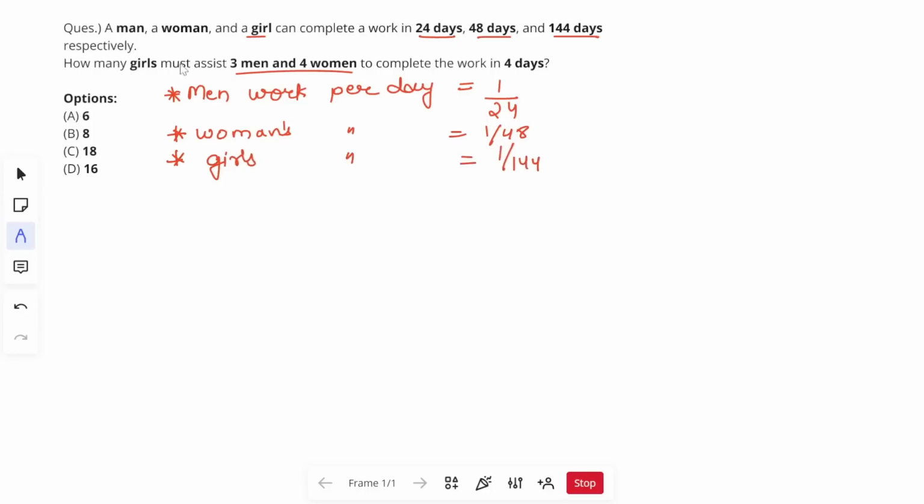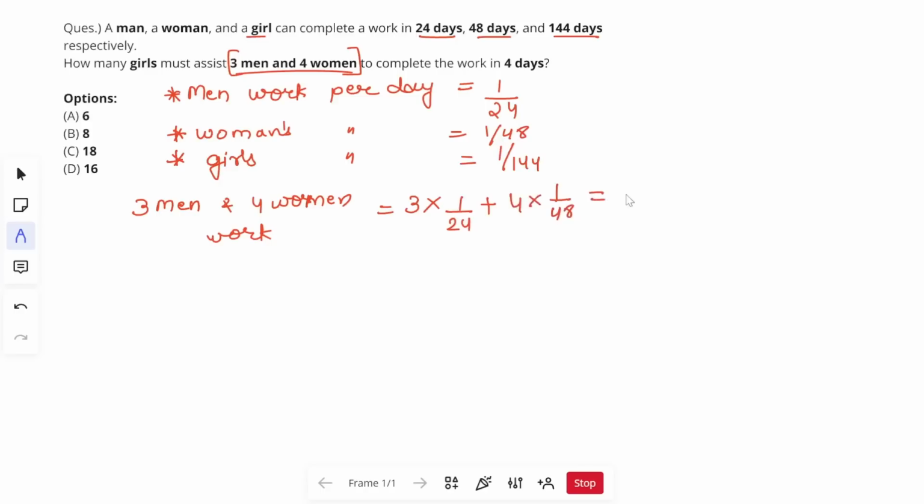Now let's see how many girls must assist 3 men and 4 women. First of all, in order to understand how many girls must assist, we have to understand how much work 3 men and 4 women will do. How can we calculate this? 3 into the work done in one day, which is 1 by 24, plus 4 women's work, which is 4 into 1 by 48.